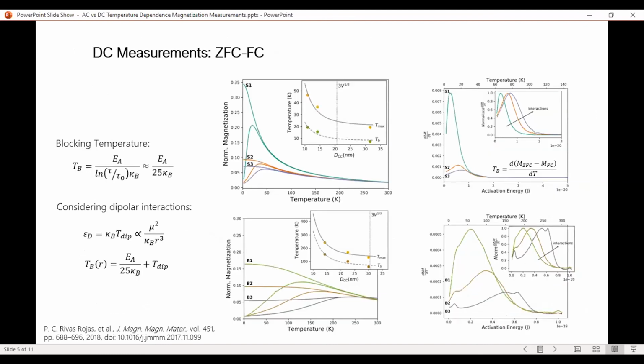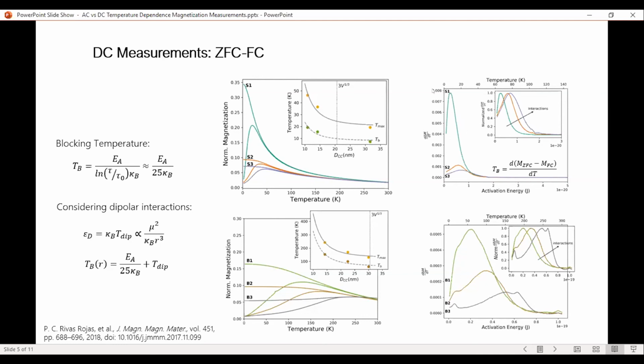Going to the magnetic measurements, we employed typical routines of zero field cooling magnetization, where we observed the typical behavior of superparamagnetic systems in all cases. And since we have a real system, we have to think about the distribution of sizes. So we didn't analyze directly the information from the curves, but translated it to an activation energy distribution or a blocking temperature distribution.